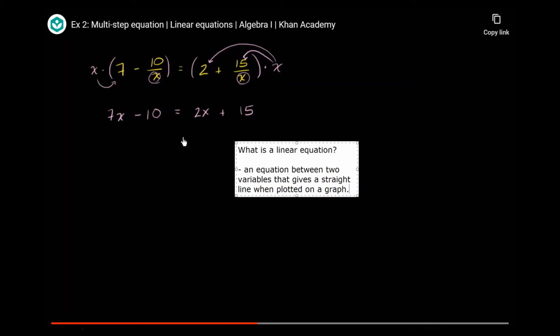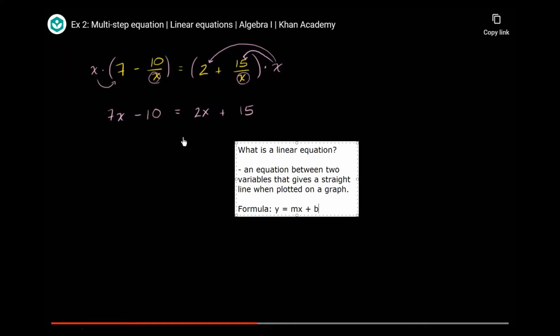And also, an example of a linear equation. Here's the formula for a linear equation: y equals mx plus b. I don't know if you are familiar with that or you've never heard of it. Well, that is a linear equation, the formula y equals mx plus b.